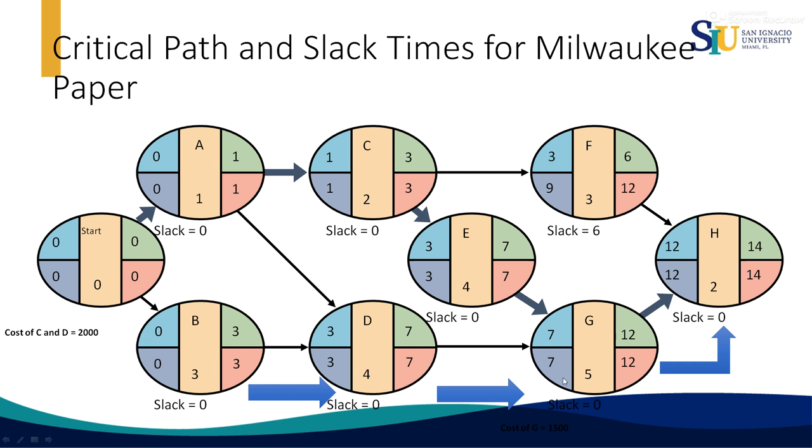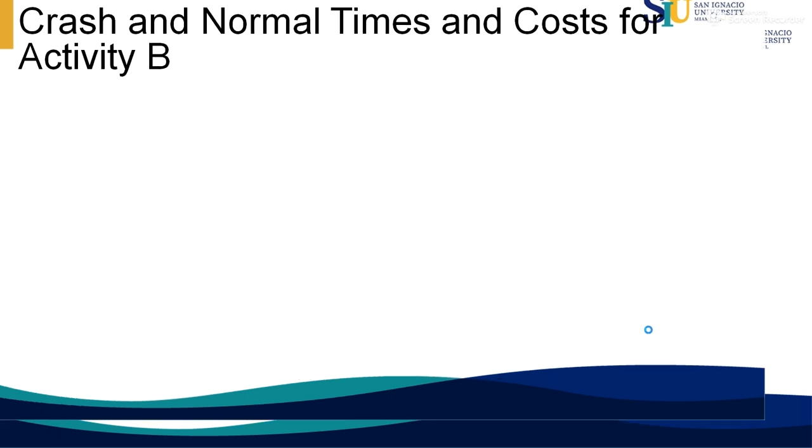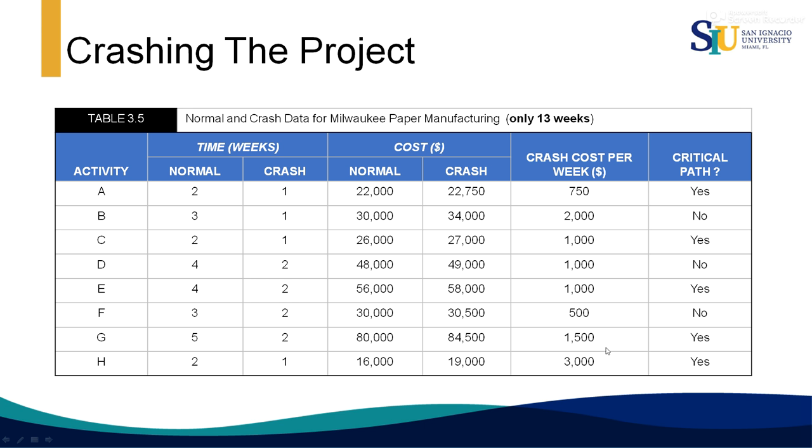However, there is one activity here, activity G, which is common to both of the critical paths. Crashing activity G is just 1,500, and 1,500 is less than 2,000, and it's an activity that is common to both critical paths. The crash cost per week, as you can see here for activity G, is 1,500.